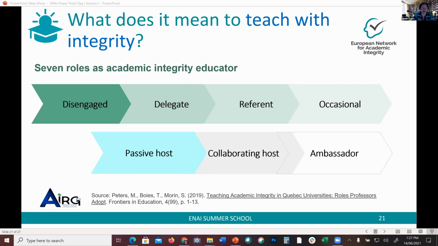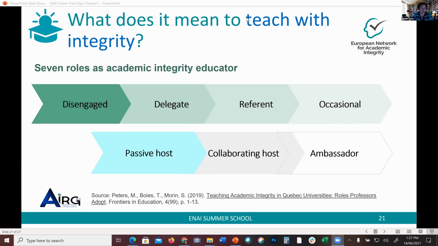What we called our passive host academic integrity teacher is the one that says, I want to do something about this in my course, but I'm not necessarily comfortable. I'm not necessarily the best one to do this. So I will invite somebody in my class and somebody will teach about it.